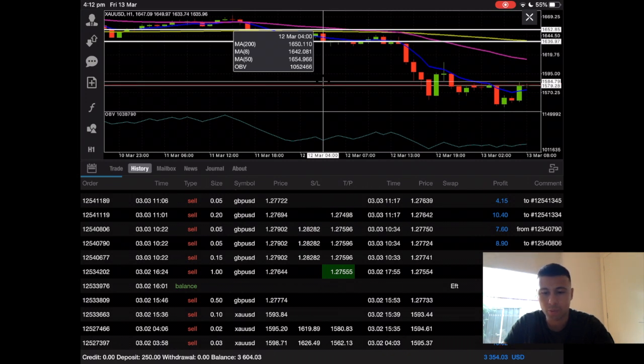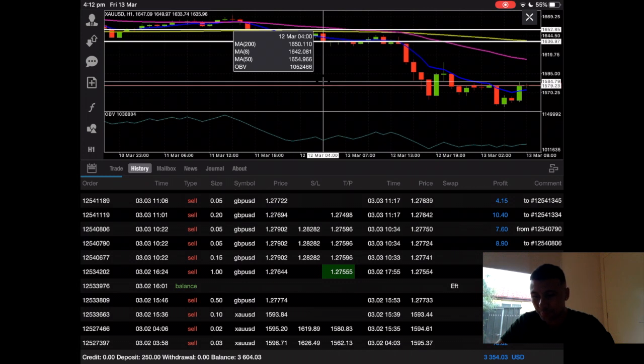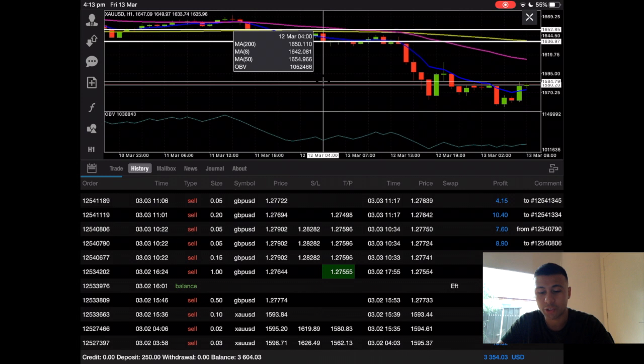So what we'll do, we'll go into Google and convert that. $3,354.03 is $5,271.77 converted to Australian dollars, and I did that in a span of 4 days. And this is how I did it. I was basically scalping the market.